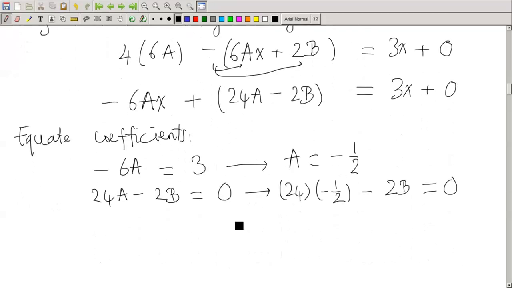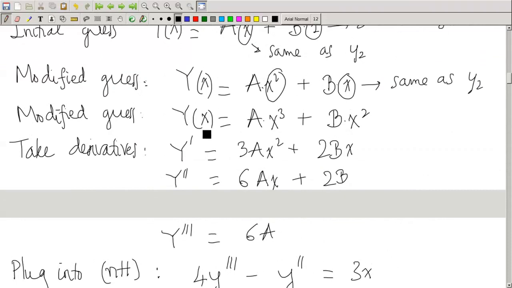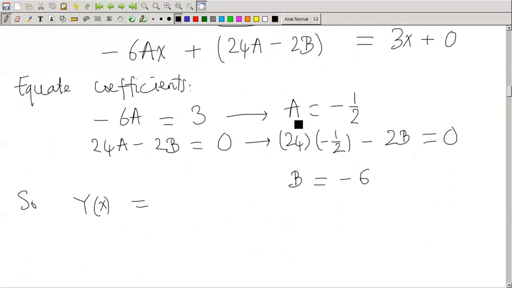From here, we solve for b, we get negative 6, I believe. And so, capital Y(x), we need to use the correct format that we began with right here: ax cubed plus bx squared. A is minus a half, so we have minus a half x cubed, and minus 6x squared.